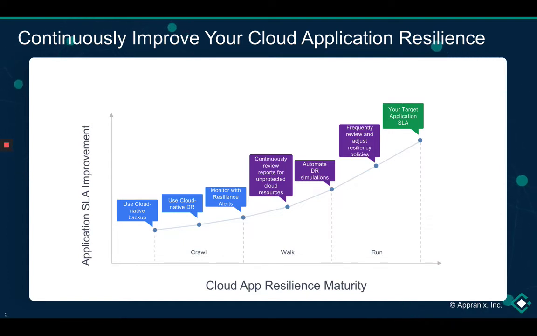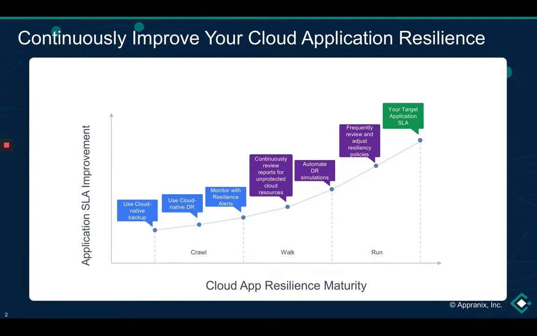You have security groups, you have the routes, you have other resources that make up the entire application environment, for which you got to be looking out to improve continuously, unlike your data center approach.